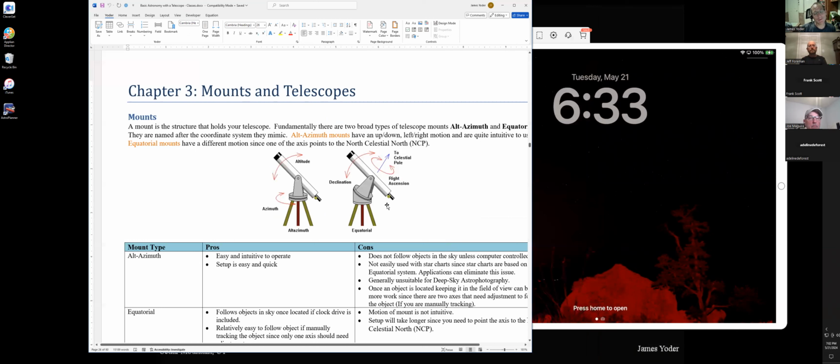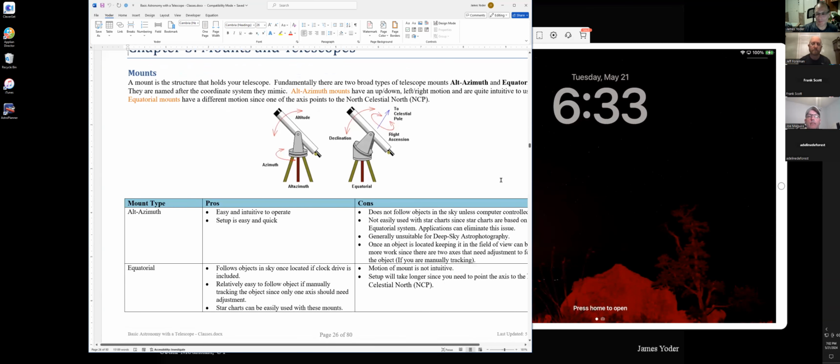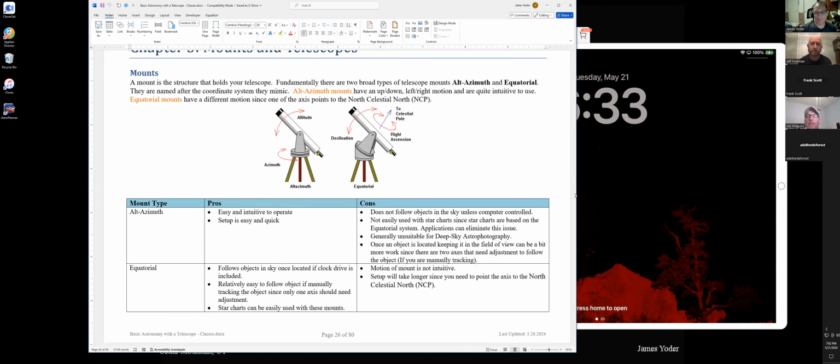And actually, an equatorial mount is basically an Alt-Az mount, but put on an angle to meet your latitude, and pointing towards the North Celestial Pole. So its motion is not nearly as intuitive as the Alt-Az mount, but you guys probably realized that when we went through in the lab and showed the different telescope mounts and stuff.